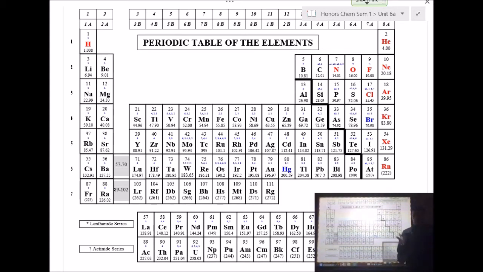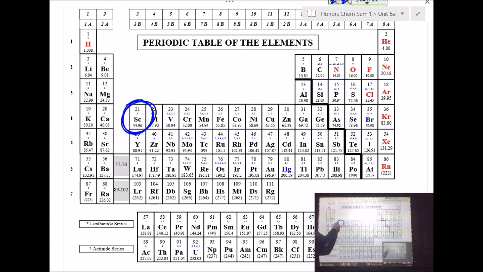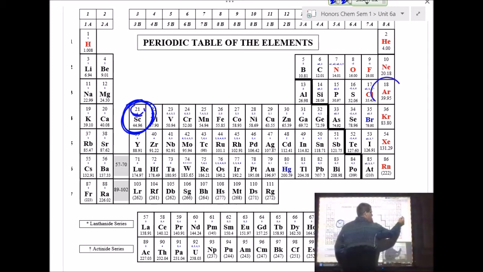So if we're looking at scandium with a +3 charge, how many electrons did scandium lose? That's +3 charge, so it loses 3. So it started off with 21 electrons. How many does it have after it loses 3? 18. Which would happen to be the same number as argon.